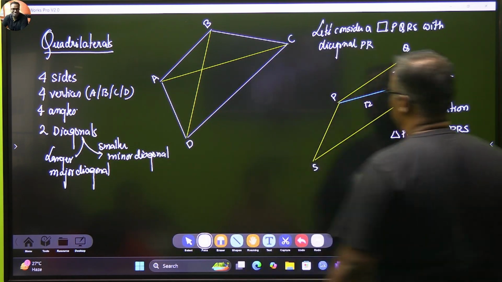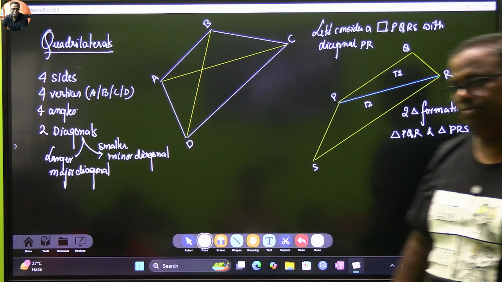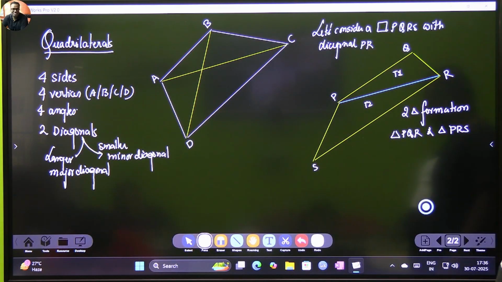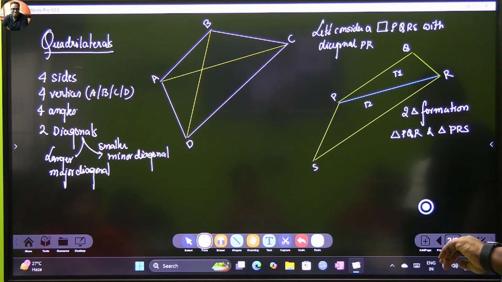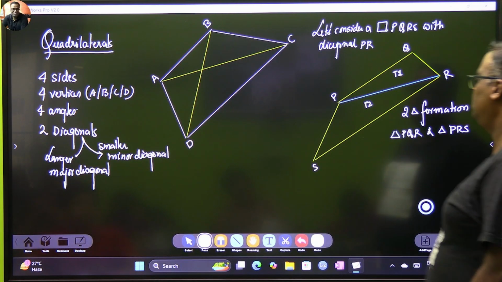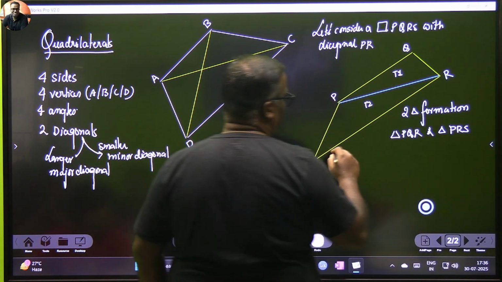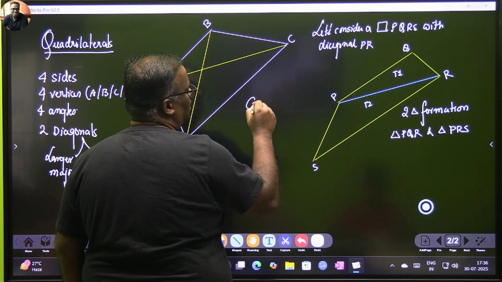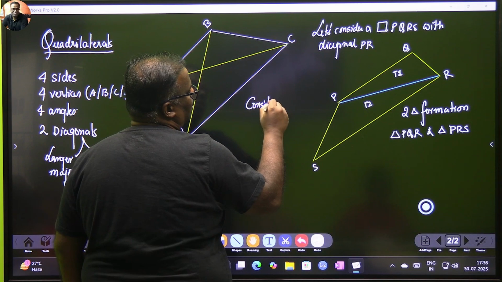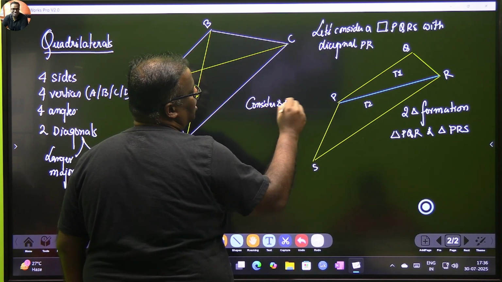PQR and PRS. Do you agree? Okay. So out here, we'll just consider triangle PQR.